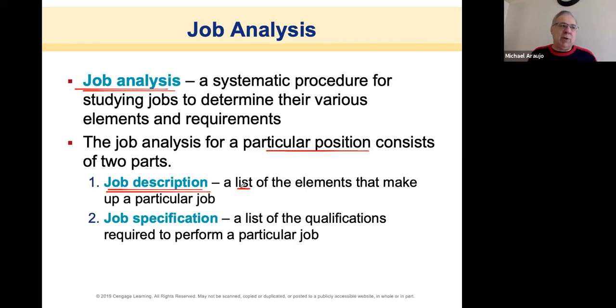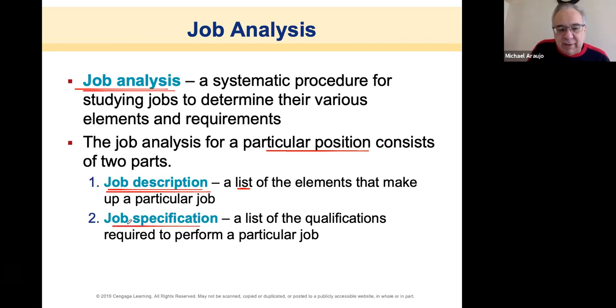So if you look at a job description and the first thing is greeting customers and taking orders, well, that's going to be, I would say, 75, 80% of your job. And then the list goes on to smaller pieces of the job, but the description should always start with what you're doing the most of.